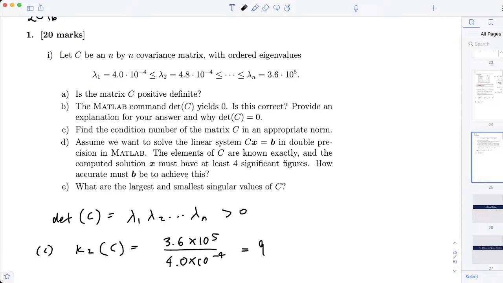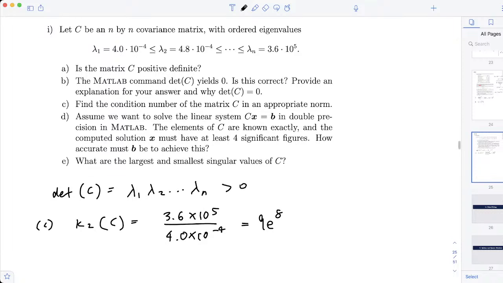That's going to get you something like 9 times 10 to the power of 8, so it's a pretty big condition number. Also remember these are absolute values, so it will always be a positive ratio.